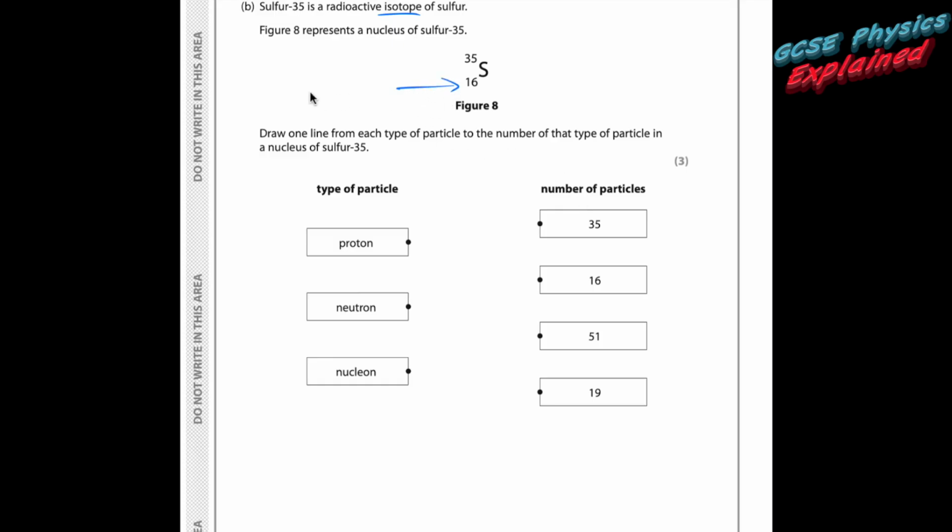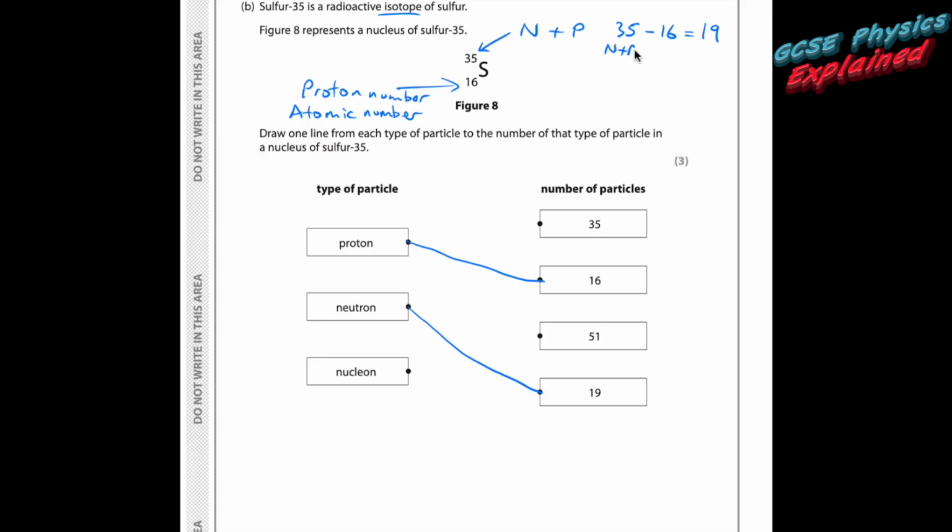Right, well that's the proton number on the bottom, otherwise known as the atomic number. So that's 16. Right, the number of neutrons. Well, this number here is the number of neutrons added to the number of protons. So if we do 35 take away 16, that'll tell us there are 19 neutrons.